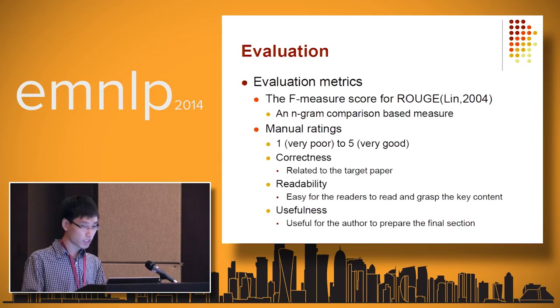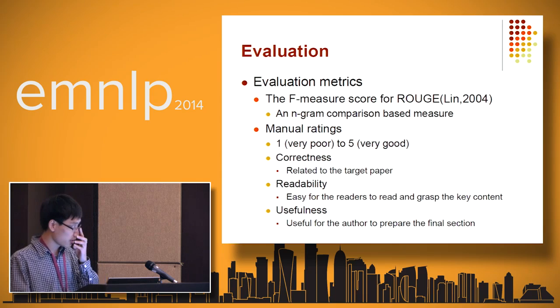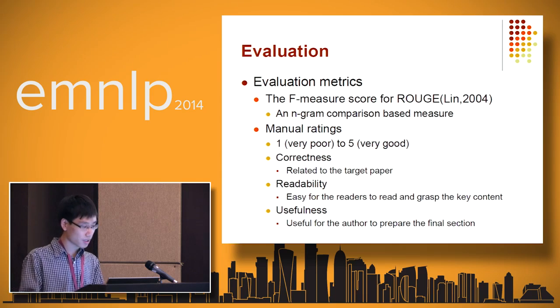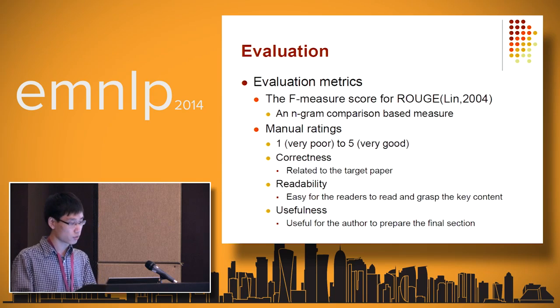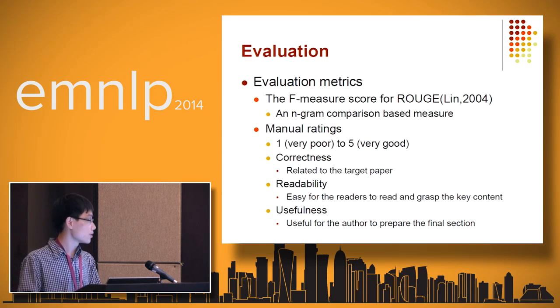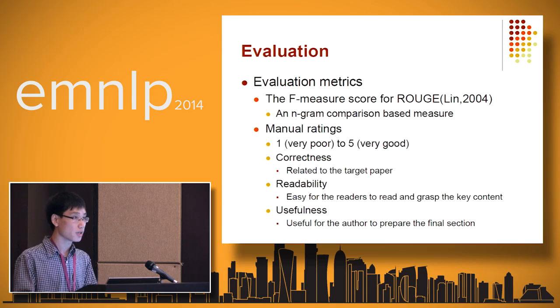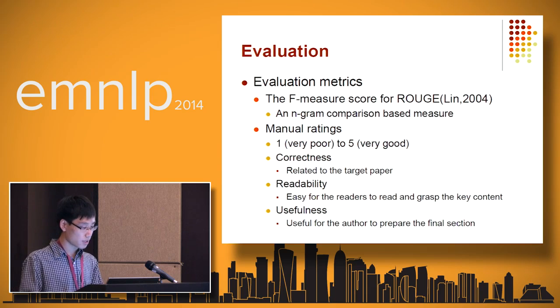The evaluation metrics are standard, and we use the F-score for ROUGE and manual ratings. ROUGE is an n-gram comparison-based measure, and the manual evaluation includes 5-star ratings on 3 perspectives. The first perspective is correctness, the second is readability, and the last is usefulness.